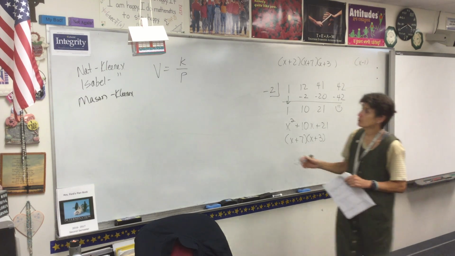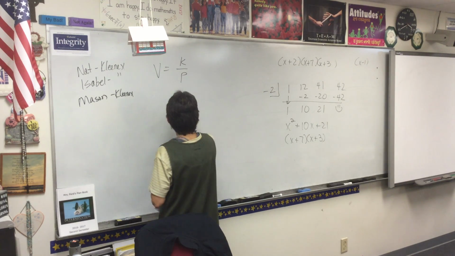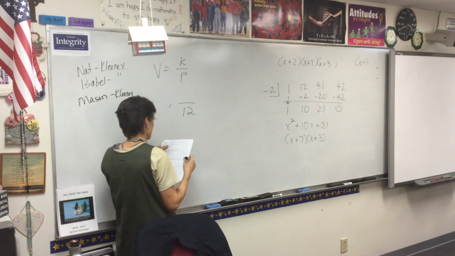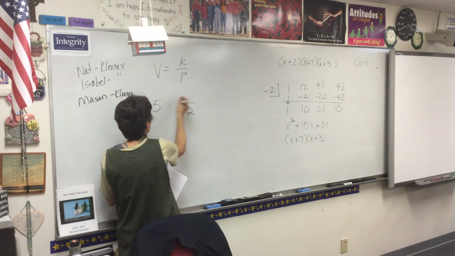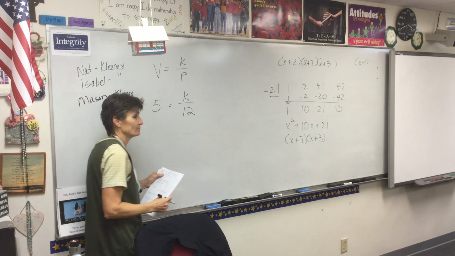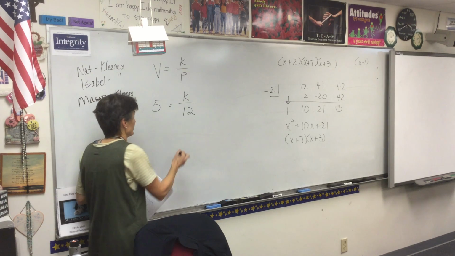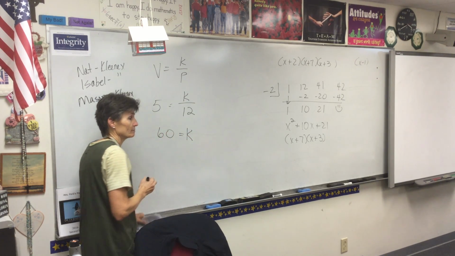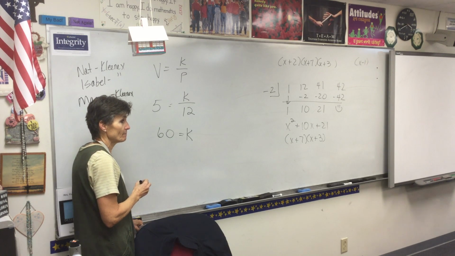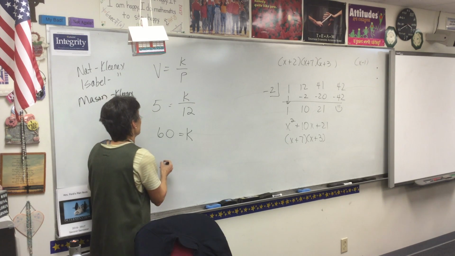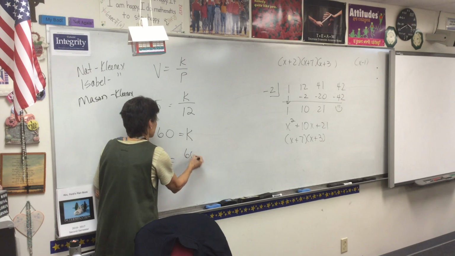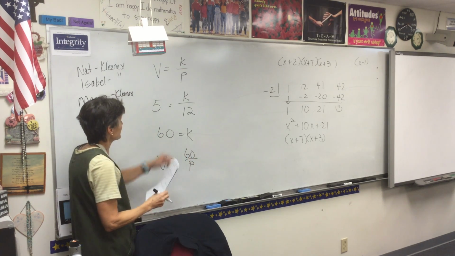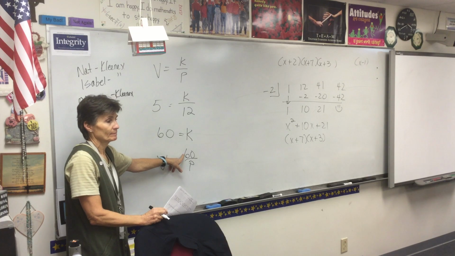If the pressure is 12, watch it now, make sure you're putting it in the right spot. The volume is 5. So K equals 60. So volume equals 60 over P. I know K is 60.